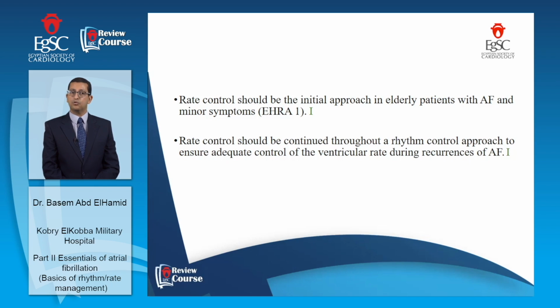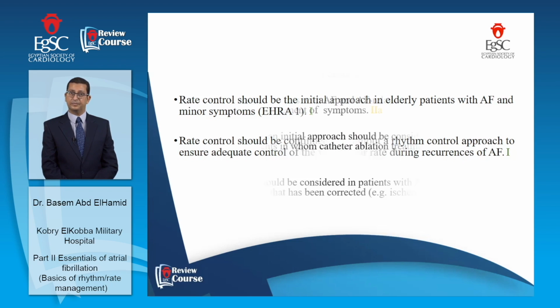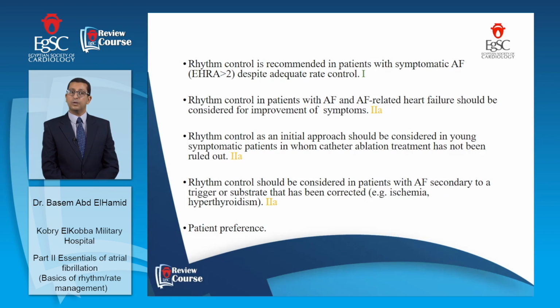Rate control should be continued throughout a rhythm control approach to ensure adequate control of the ventricular rate during recurrences of AF, class 1. Rhythm control is recommended in patients with symptomatic AF, EHRA 2 or more, despite adequate rate control, class 1.